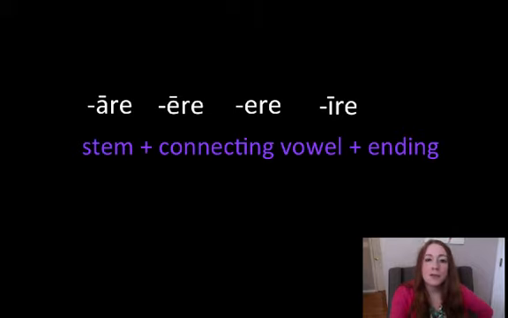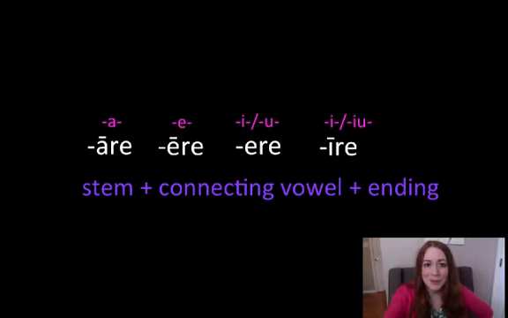The connecting vowel for the first conjugation verb will be an A. Second conjugation verbs will use the letter E. Third conjugation verbs will use an I or a U. And fourth conjugation verbs will use an I or an IU. The U and the IU are only used for NT ending verbs, so that third person plural. Everything else will use the other connecting vowel.